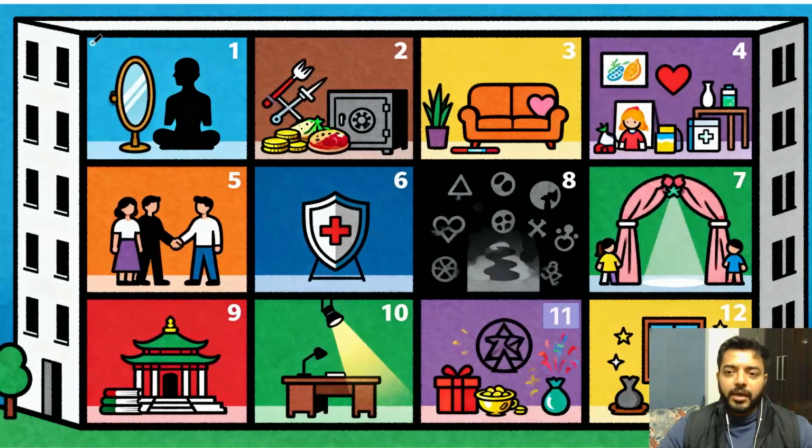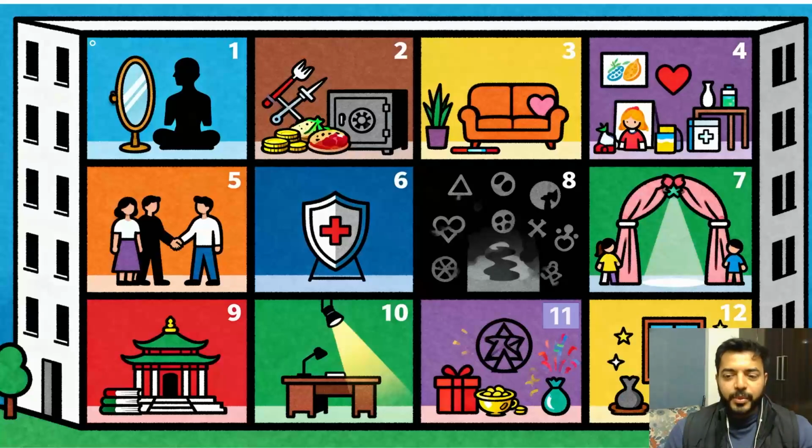Our ancient creators of astrology created astrological charts in a very meaningful way. They divided the life of a person. Let's say it's me.